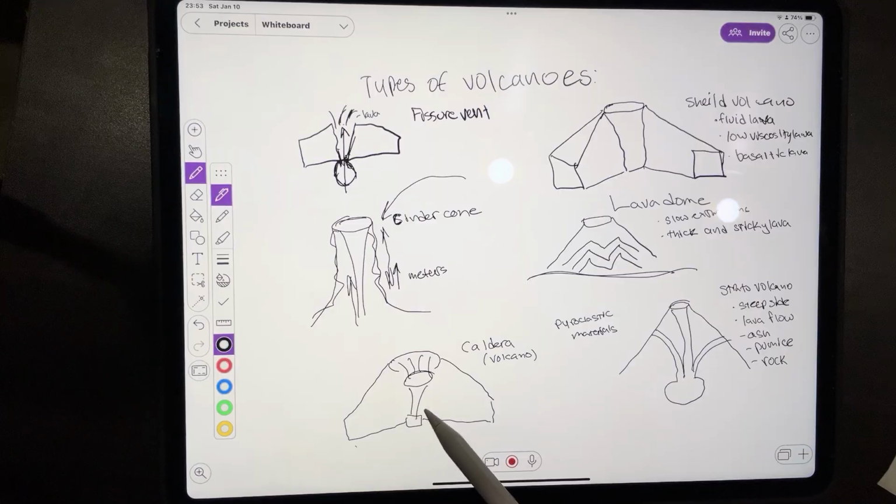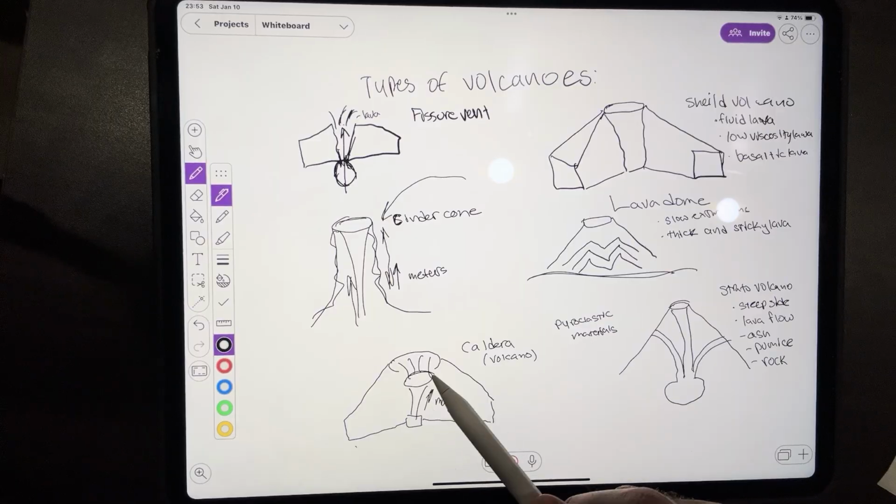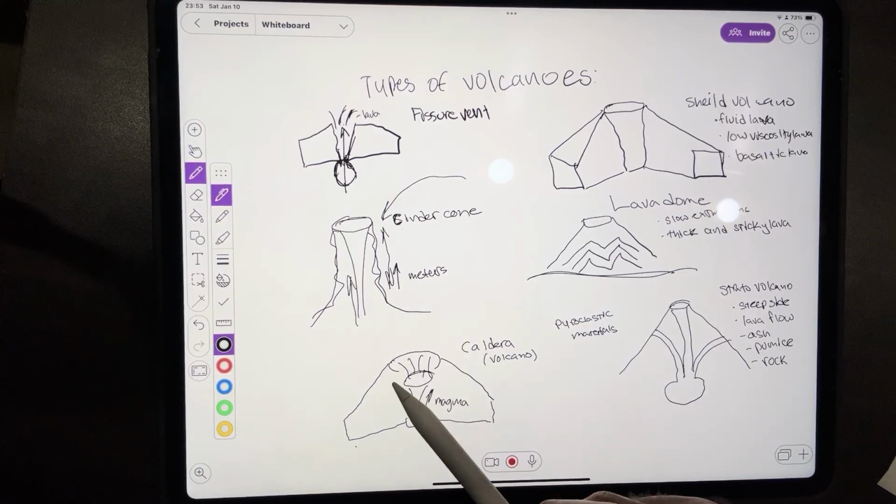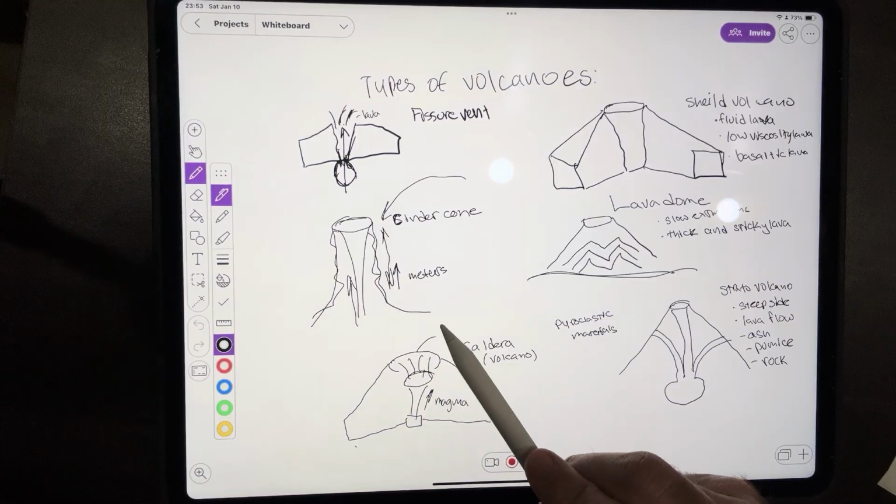Now, when all of the magma comes out of a volcano, this volcano is very interesting because sometimes what happens here in a caldera is all the magma is emptied out in the form of lava, and that's when things such as lakes get created in this crater.